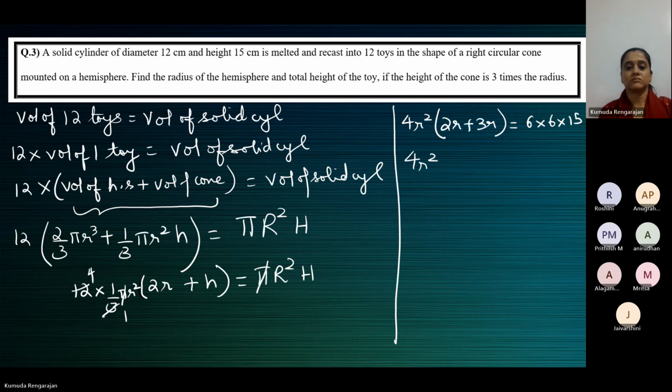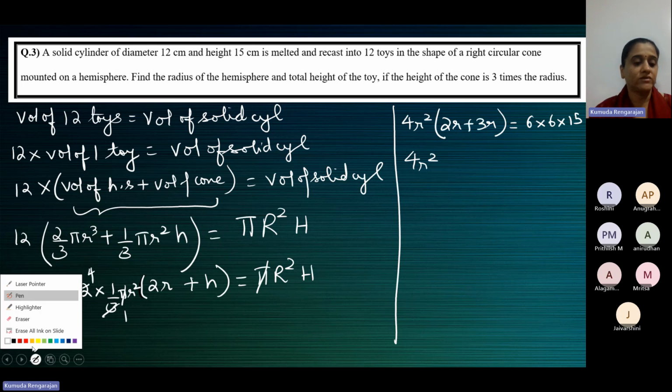Ma'am, R is 3. R is 3. Okay, that's what most of your friends have got. Let's see.